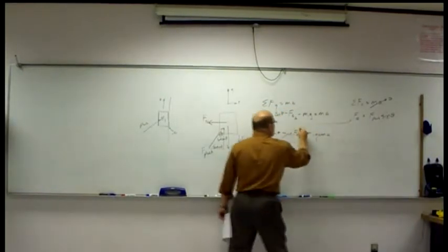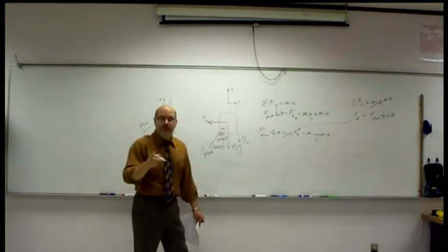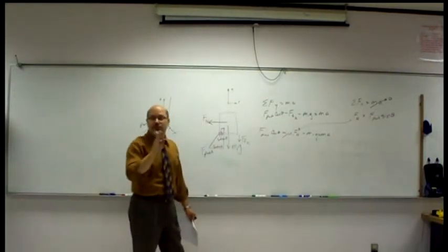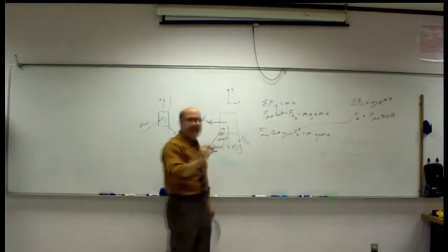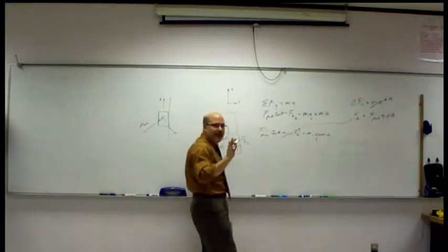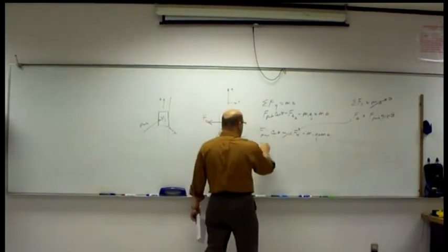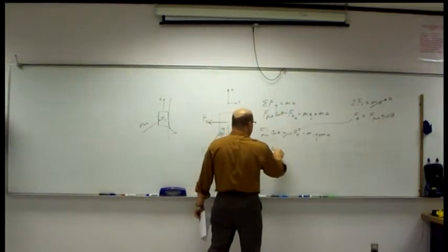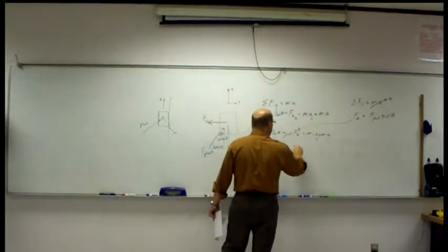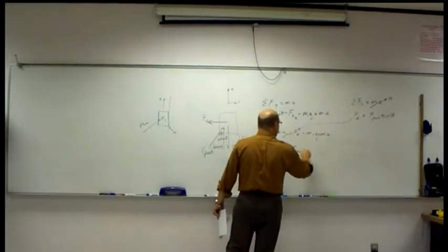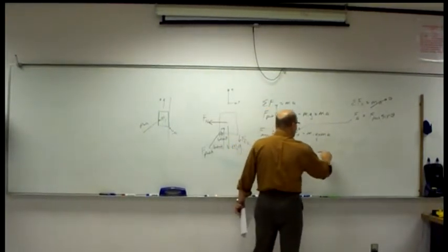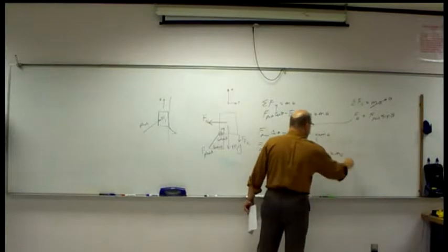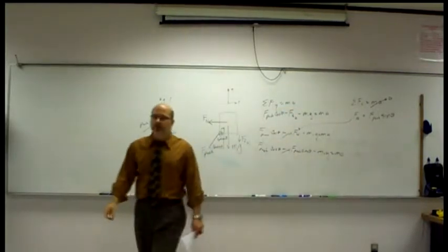But we know the normal force is equal to F push sine theta, so we can plug that in, right? Yes, but that's because it's sliding. If it was static, then we could not make that substitution unless we knew that it was right at the breaking point. Okay, that's as far as we can go. There's nothing else we can substitute.